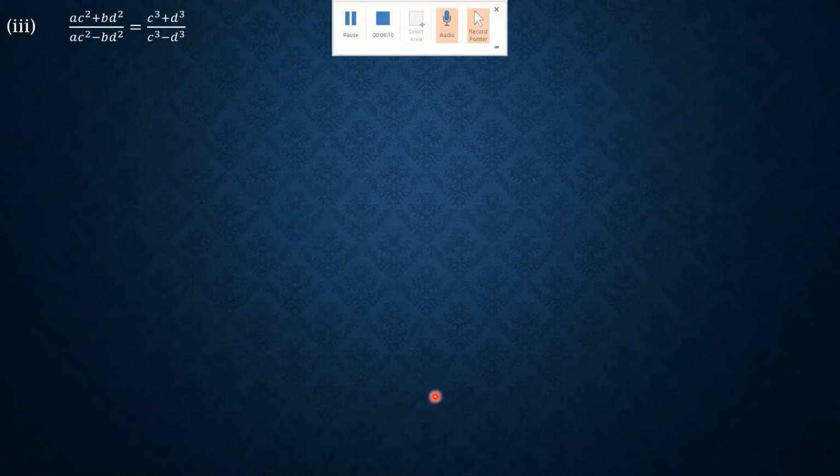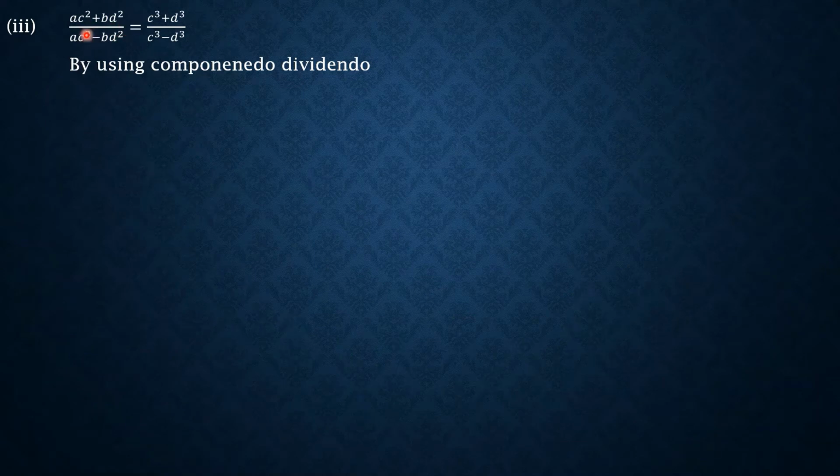Now come to the third part of this question. This question is (ac square plus bd square) divided by (ac square minus bd square) equal to (c cube plus d cube) divided by (c cube minus d cube).